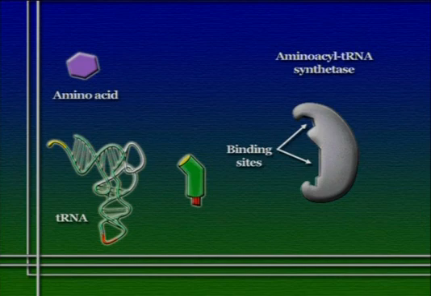So the structure of this protein has a region in it that will interact, because of its shape and the unique physical chemical characteristics of the atoms around that piece of the shape, specifically with just one kind of tRNA based on the structure of that tRNA. The other binding site of the aminoacyl tRNA synthetase molecule is specific for just one kind of amino acid.